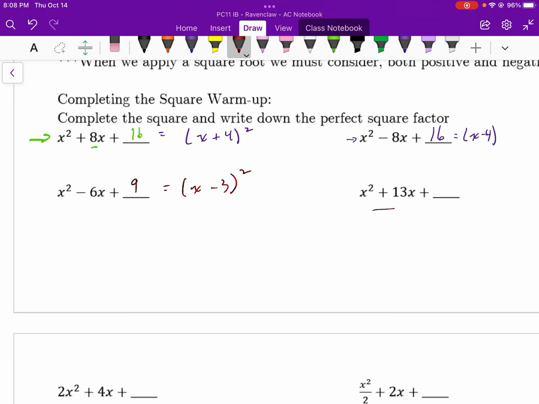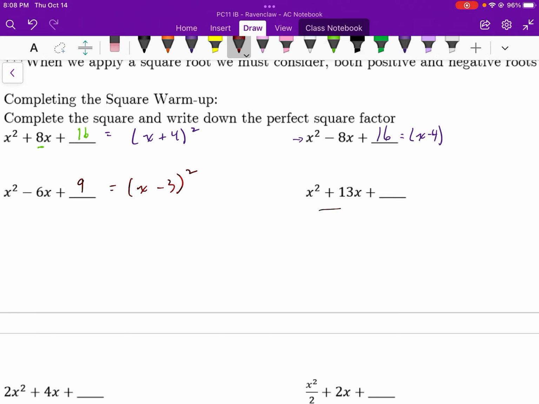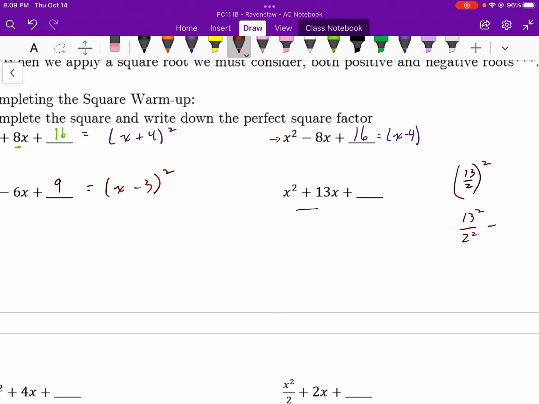Now, this one's kind of tricky, so I may choose to write out a little bit more. So I'm going to divide that middle term by 2. 13 divided by 2 is 13 over 2. Do not reach for a calculator. It will make your life worse. 13 over 2 squared is 13 squared over 2 squared. There's that exponent law again that I'm going to be using.